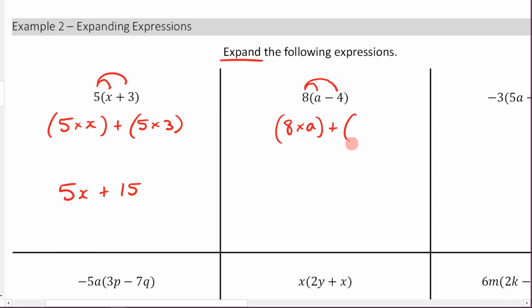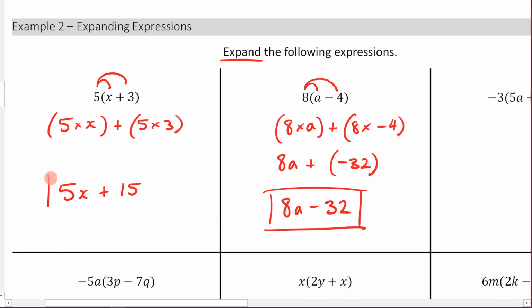And then here, this is going to be 8 times, now, this is negative 4, negative 4. So this is going to be 8a plus, this is going to be negative 32, which means I'm going to get 8a minus 32. That is going to be my answer. This was my answer over here.